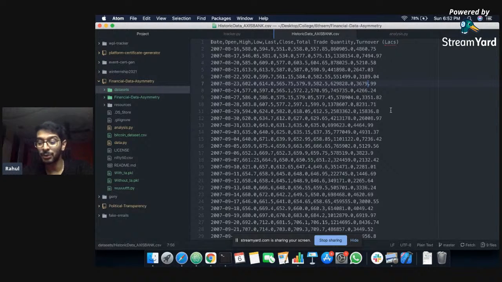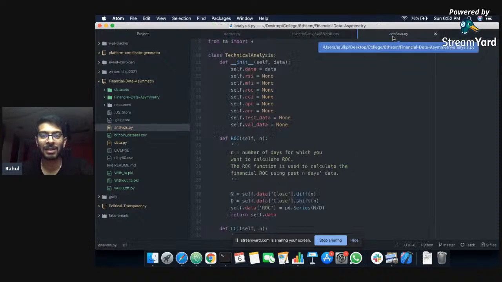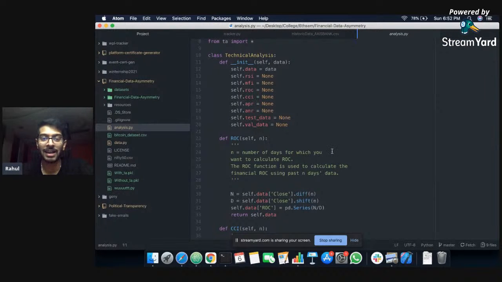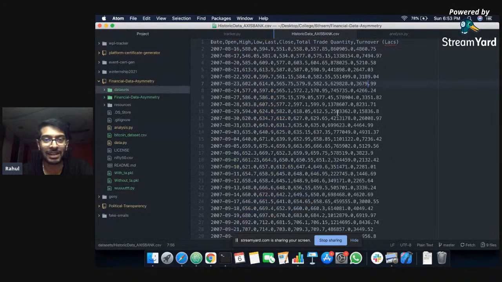That is the beauty of the data sets you get, because every time you have a data set, you should be looking at what features you could possibly generate. All of these technical analysis metrics like the money flow index, RSI, ROC, CCI can be computed using the data that we have. That's the best part.